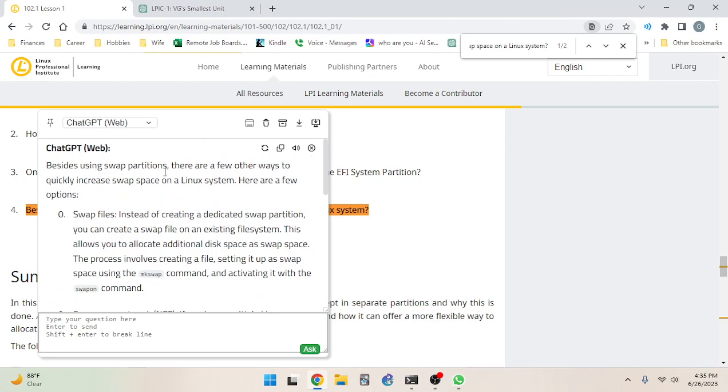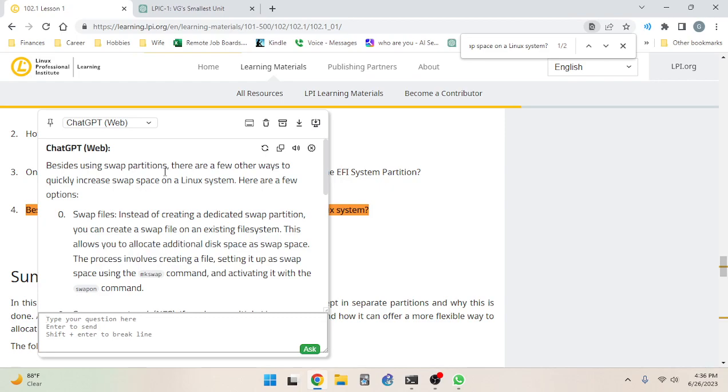Besides using swap partitions, there are a few other ways to quickly increase swap space on a Linux system. Here are a few options. Swap files: instead of creating a dedicated swap partition, you can create a swap file on an existing file system. This allows you to allocate additional disk space as swap space.